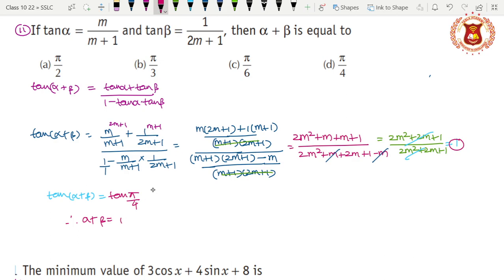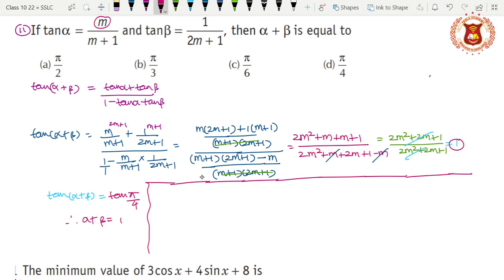Now let us see the magic of this problem. These tricks help to solve the problems quickly. Now notice very carefully. Let us put m is equal to 1 here.